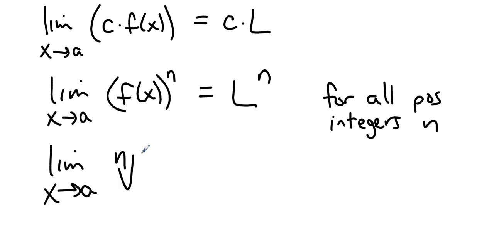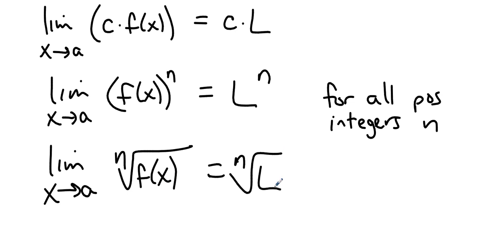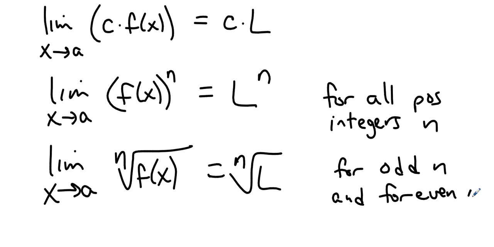Similarly, if you take an nth root, the values of the function are getting closer and closer to L, we're taking nth roots of those numbers, so those numbers are getting closer to the nth root of L. This is true for odd n and for even n if L is greater than or equal to 0. If L is a negative number, you can't take an even root because we don't deal with complex numbers in this course, and there was much rejoicing.